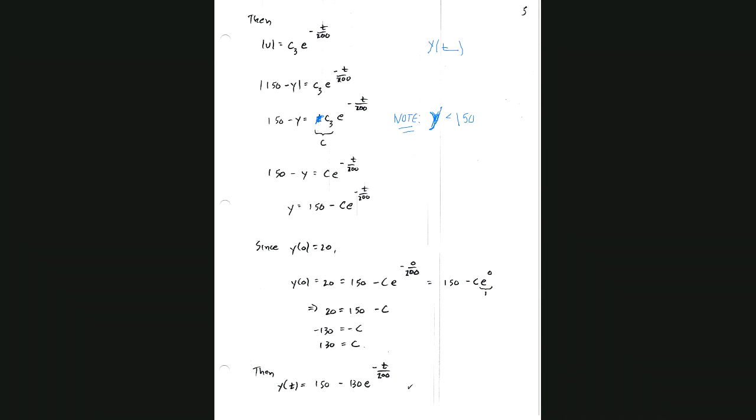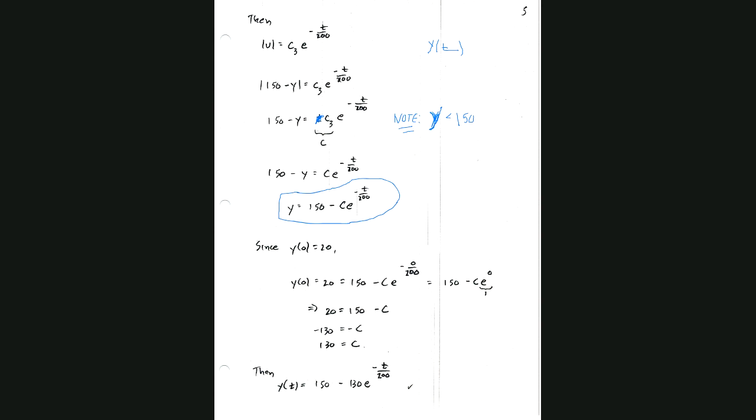This is a solution to the differential equation for sure, but in order to solve for C, we need to have some initial condition. What initial condition do we know?